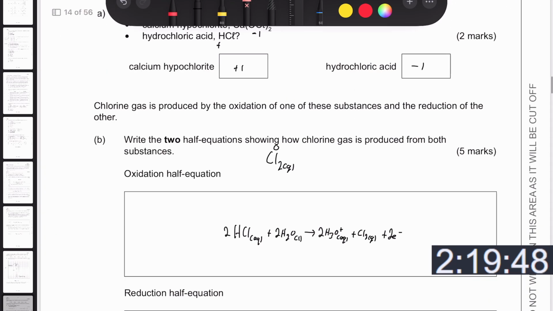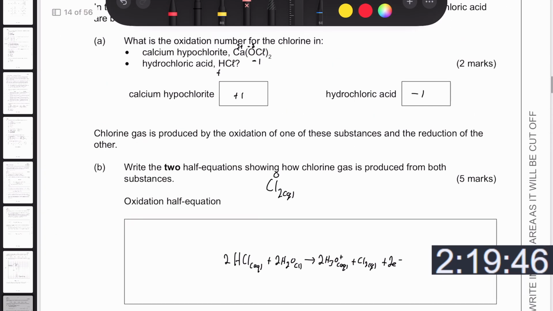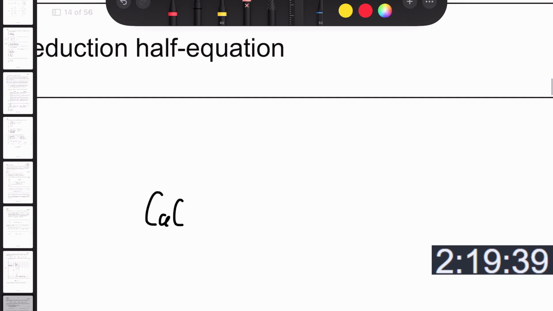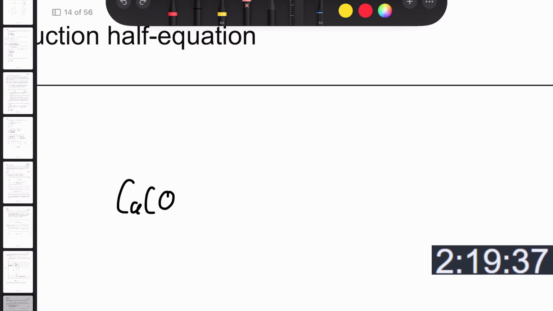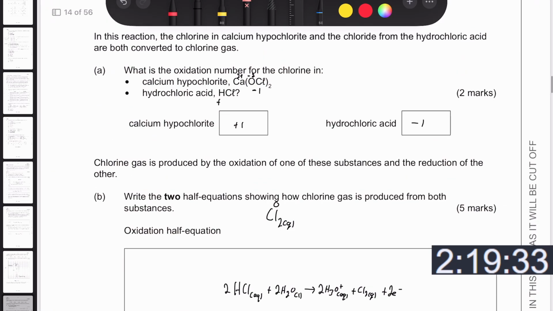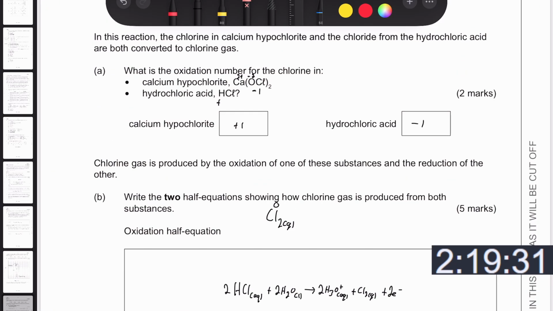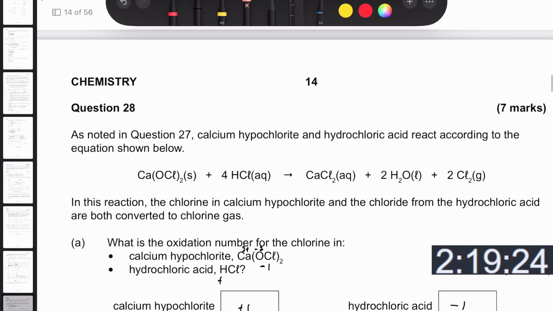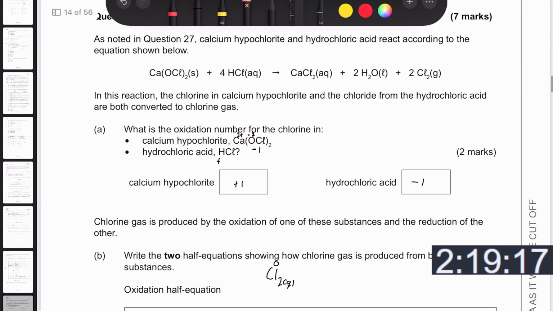There you go. That's why it's oxidation. And reduction is the calcium hypochlorite, CaOCl2. In this reaction, the chlorine and the chloride from the hydrochloric acid are both converted to chlorine gas.